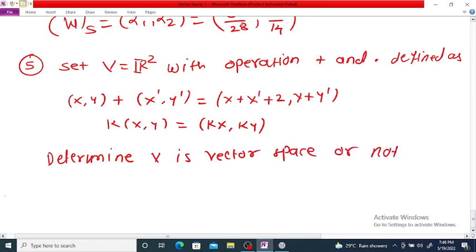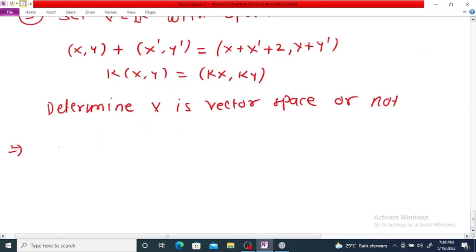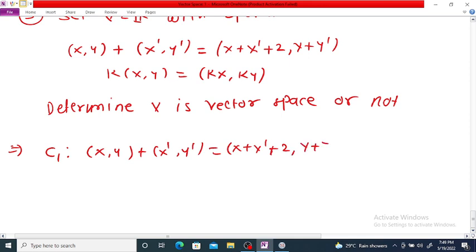So here, if you consider the first condition, say C1 closure, (x, y) plus (x dash, y dash) is equal to (x plus x dash plus 2, y plus y dash).